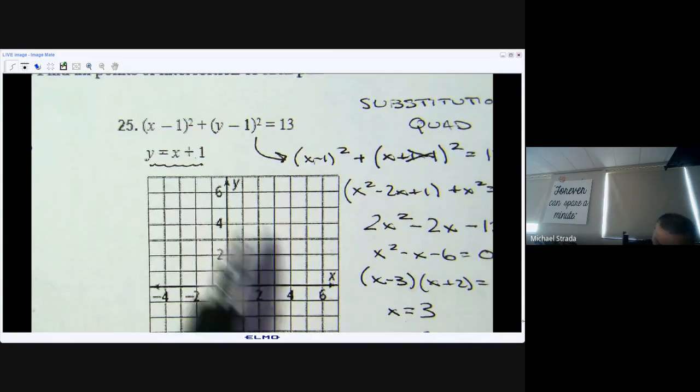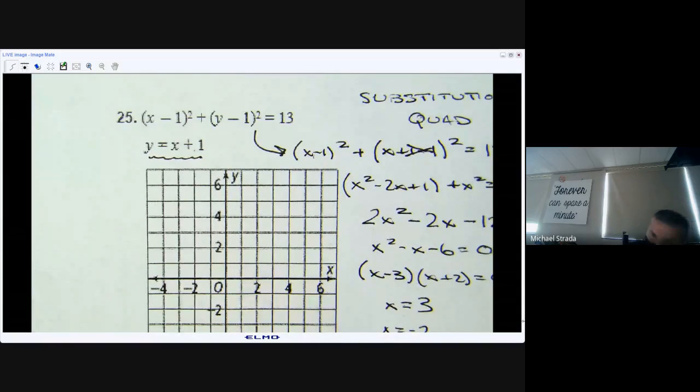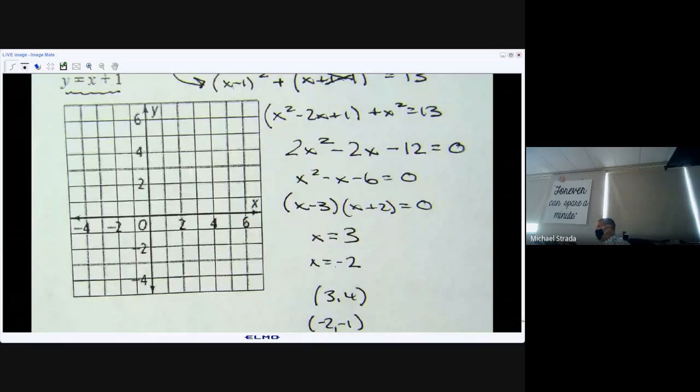And then the negative 2. Negative 2 plus 1 is negative 1. And negative 2, negative 1. So those are my 2 solutions. Again, will not be on your 2-day quiz beginning Wednesday. That's good for you moving forward. All right?